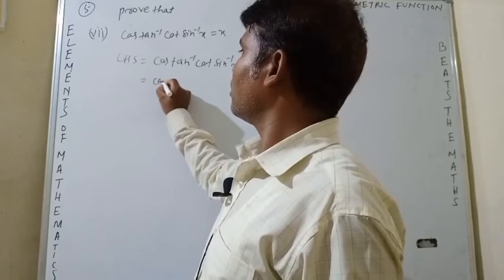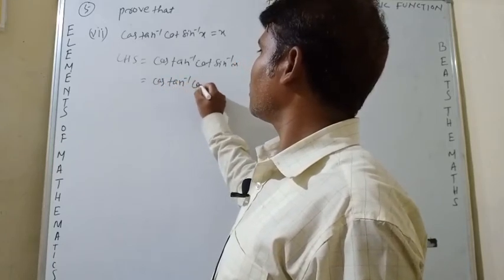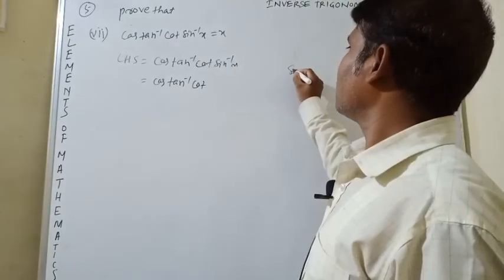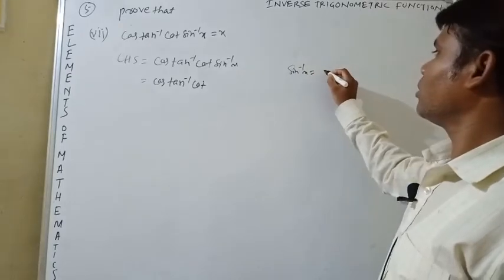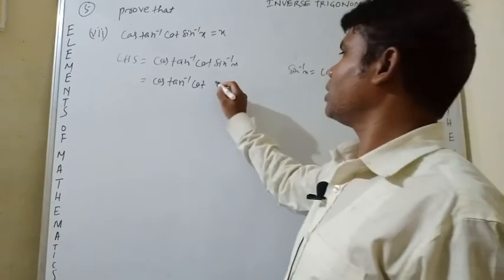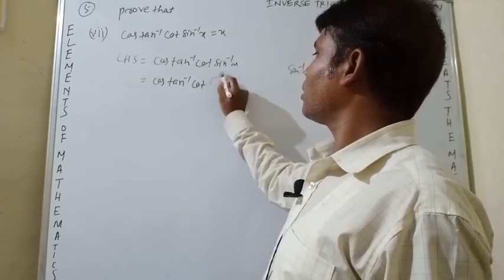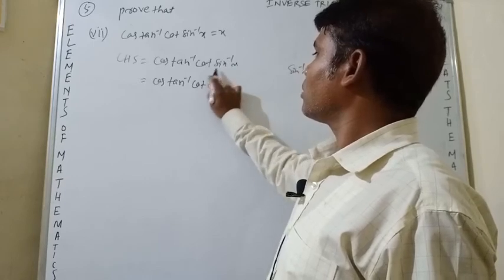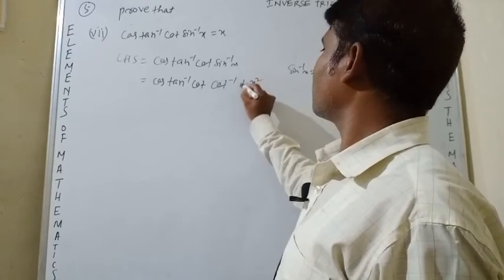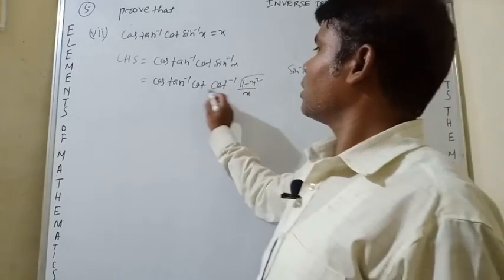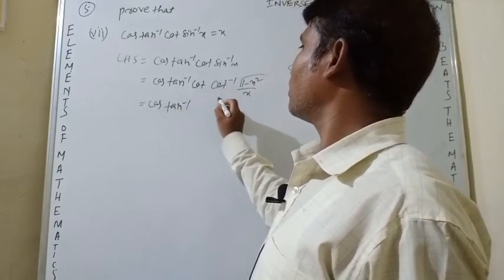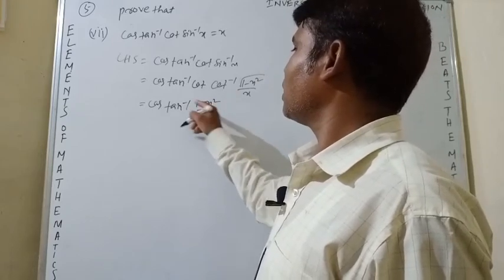Convert into cot inverse: sin inverse x is equal to cot inverse root over 1 minus x square by x. These two will cancel out. This is cos tan inverse, cot inverse will cancel out, root over 1 minus x square by x.